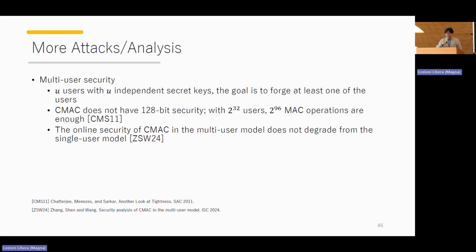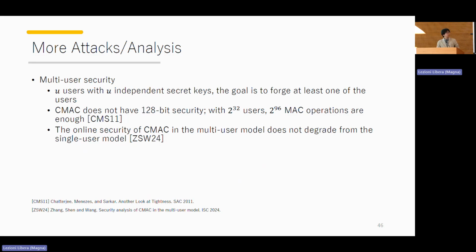There are more attacks and analysis, and there is analysis about multi-user security. In this setting, there are U users with U independent secret keys, and the goal is to find one forgery of at least one of the users. It was pointed out that CMAC does not have 128-bit security because with 2 to the 32 users, 2 to the 96 MAC operations are enough to break in the multi-user setting.